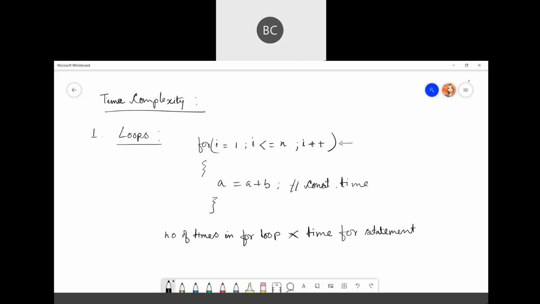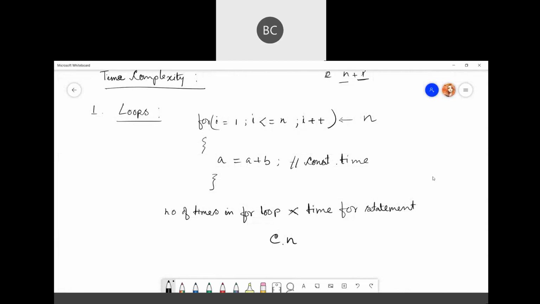Okay, and this part will take, for example, n number of times. We are going to ignore that. Suppose n plus 1, we ignore this one part, so n will remain. Okay. So this part you can represent as c into n. Right? This is a constant time and n part.